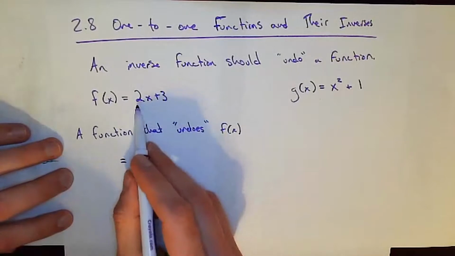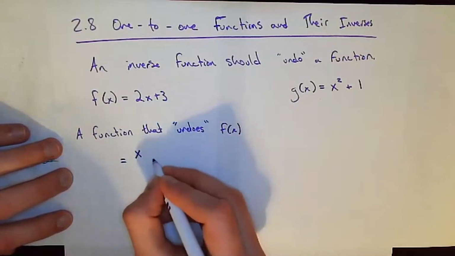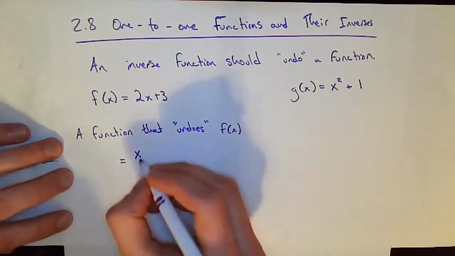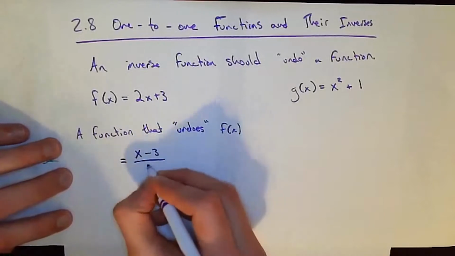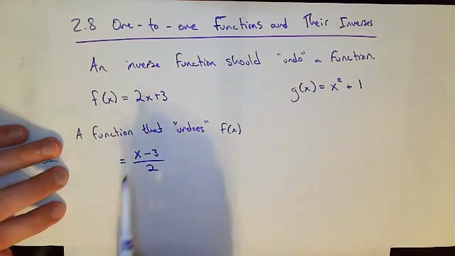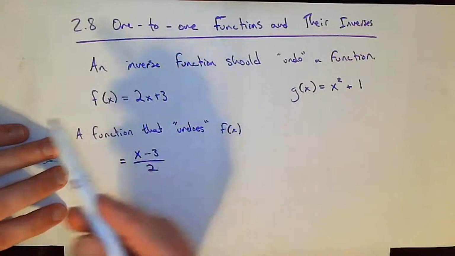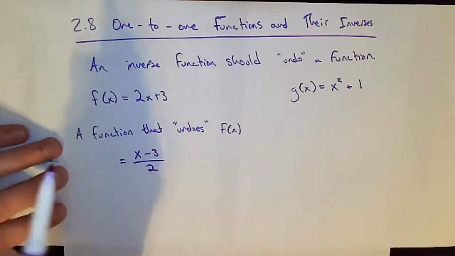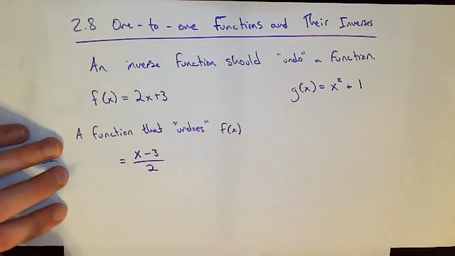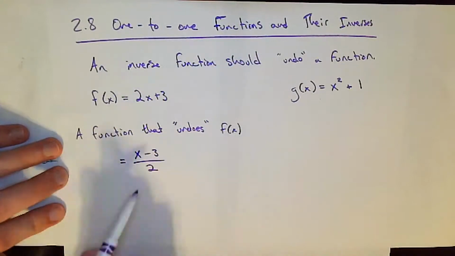What's the opposite of 2 times x plus 3? I need to take x and subtract 3 and then divide by 2. I do the operations in opposite order. Going in, times 2 plus 3, coming out, minus 3 divided by 2.